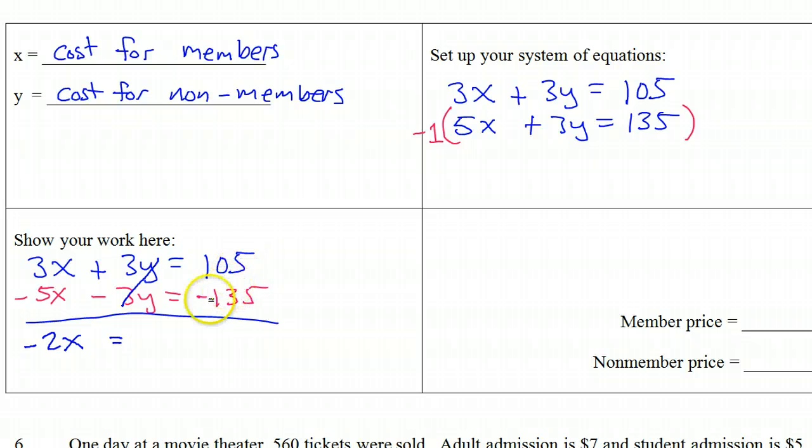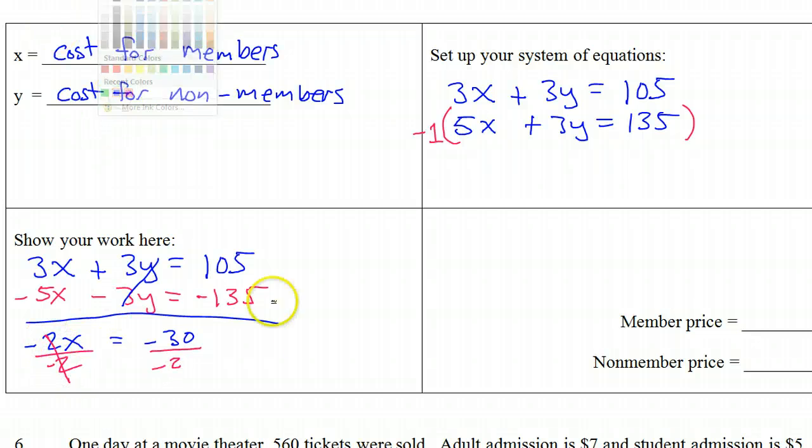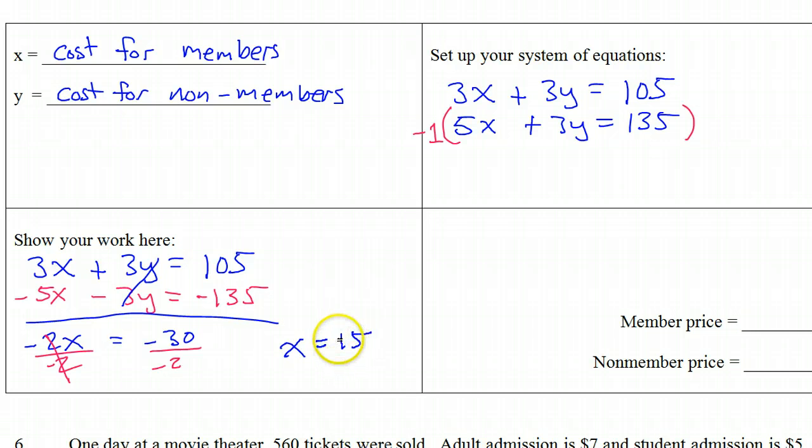So dividing by -2, all right, that is going to give me x equals 15. All right, so fine, x equals 15, that's the member price.